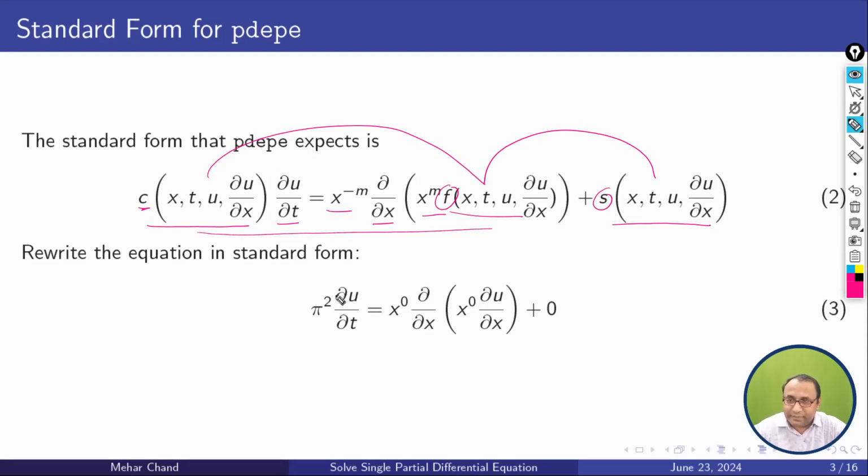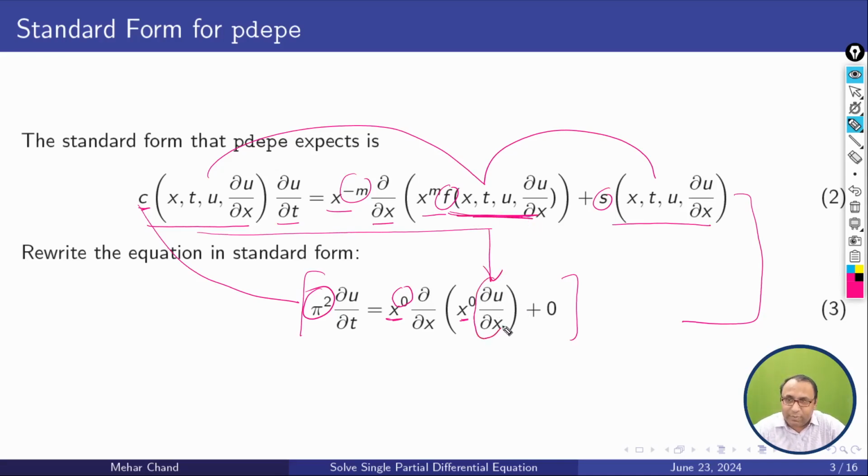We rewrite our given partial differential equation, pi squared del u upon del t, as equal to x raised to the power 0 times del upon del x of x raised to the power 0 times del u upon del x, plus 0. When we compare equation 2 and equation 3, we can observe that c is equal to pi squared and the value of m is 0. f is equal to del u upon del x, and the value of s is 0.